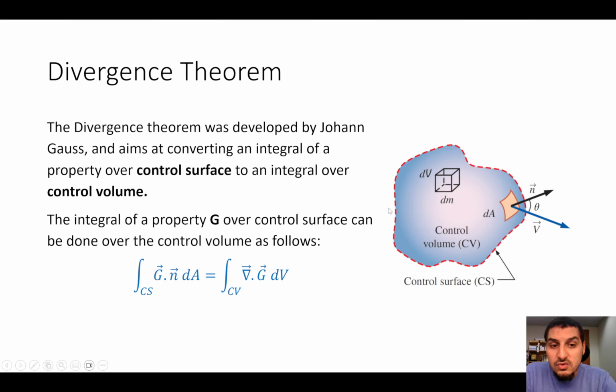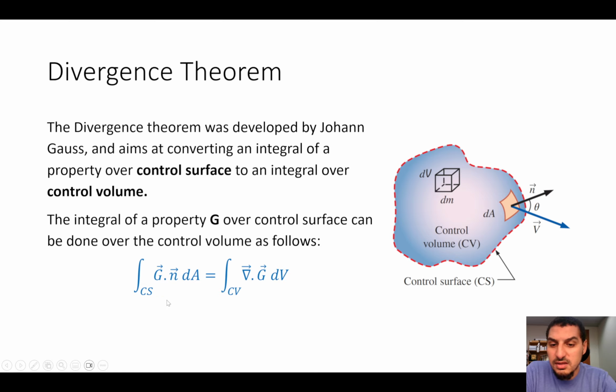So the integration is over the surface of the control volume, and there are some integrations that would be over the control volume. So we'll have something with dA and something with dV, and it's much better to unify these equations, to have all of them as integrals with respect to the area, or all integrals with respect to the volume. So this is why we have this divergence theorem.